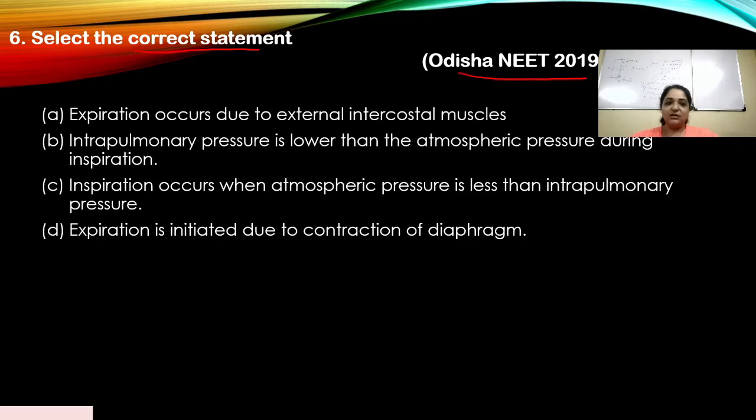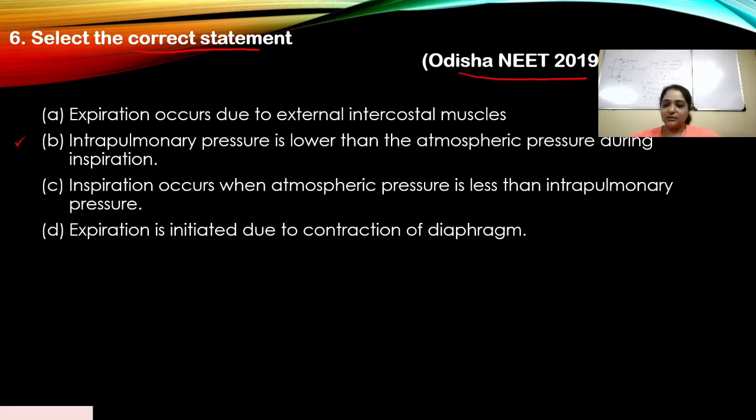C, inspiration occurs when atmospheric pressure is less than intrapulmonary pressure. No, that is not possible. Air cannot move in like that. And D, expiration is initiated due to contraction of diaphragm. Also incorrect. Inspiration occurs due to contraction of diaphragm. So we have B as our correct answer.